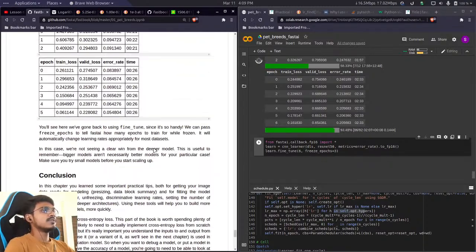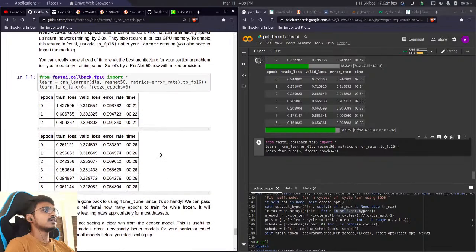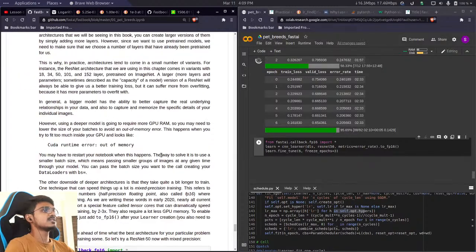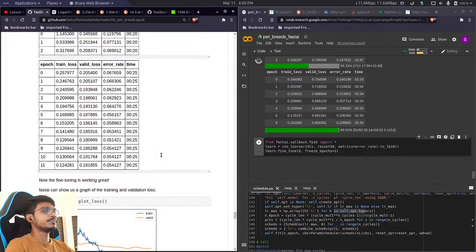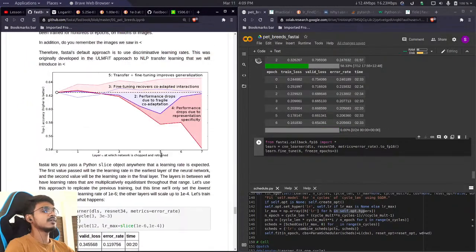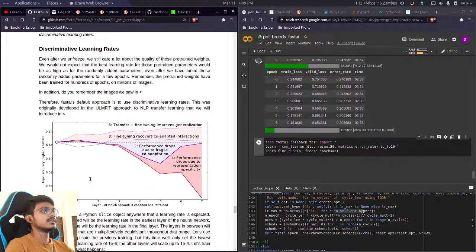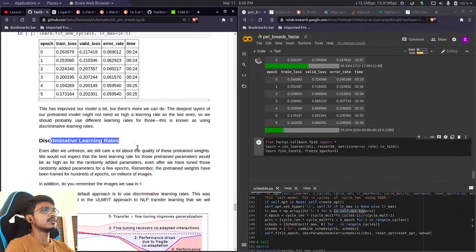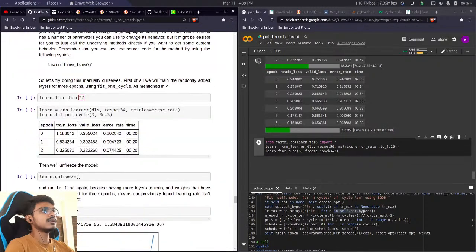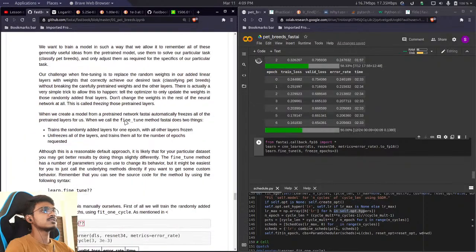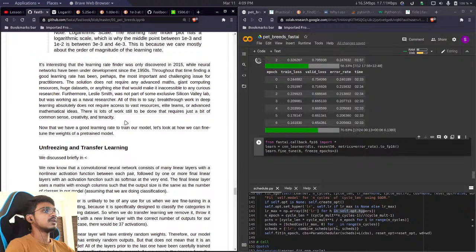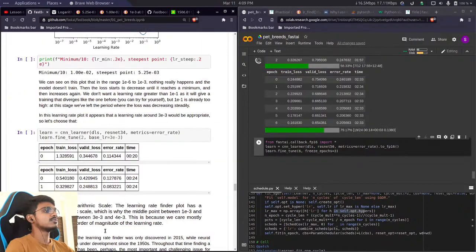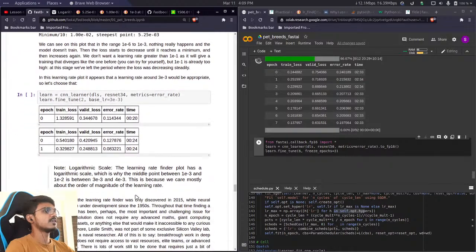So in the previous stream I tried to create a chess-based image classifier, and now that we have learned a few more tricks like discriminative learning rates and the learning rate finder, we will use these techniques in the next stream maybe to improve our chess-based image classifier.